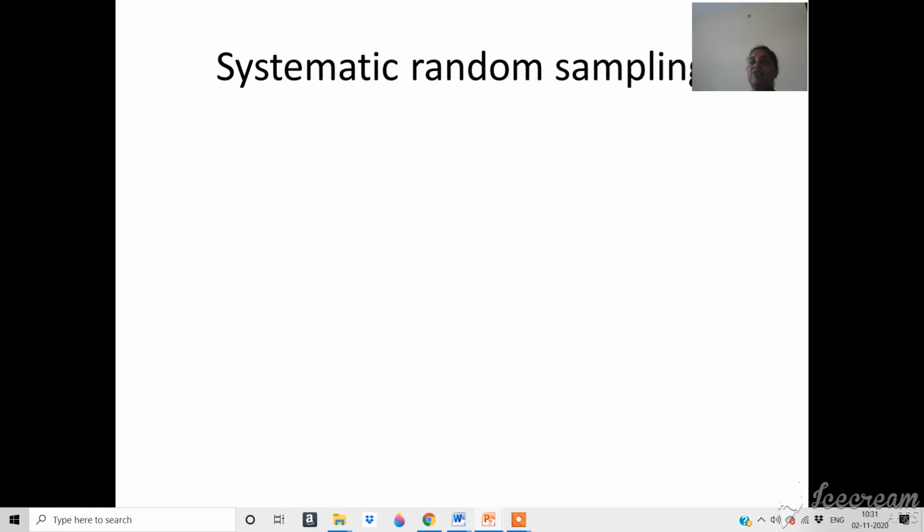First you take the first, then the sixth number will be taken, then the 11th, then the 16th. Next is the 10th case, or the 15th case. Like that it goes, so that you will get 20 samples. So that's what creates the systematic random sampling method.